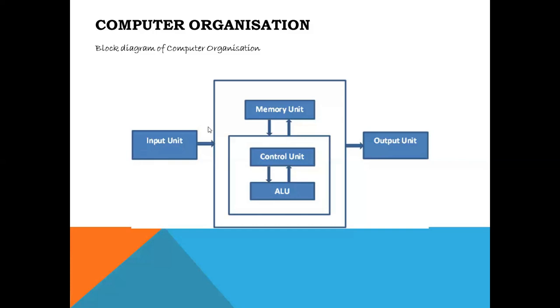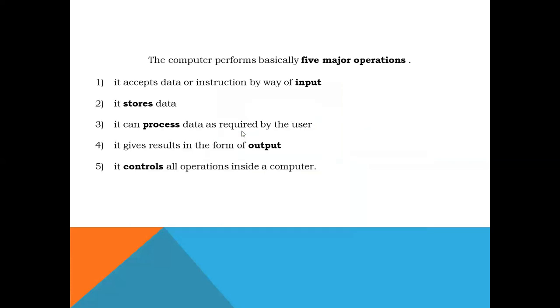A computer performs basically 5 major operations. What are they? First one, it accepts data or instruction by way of input.